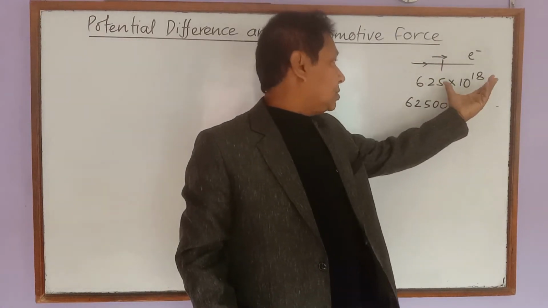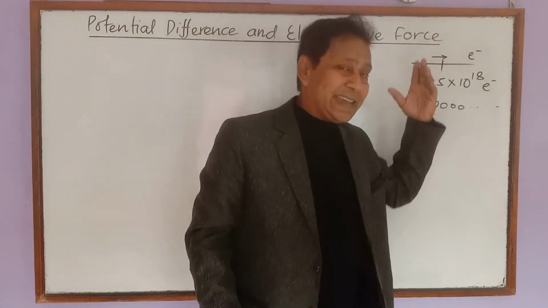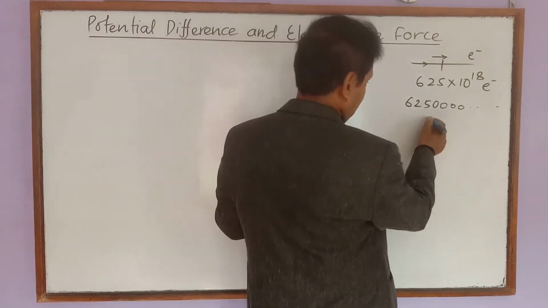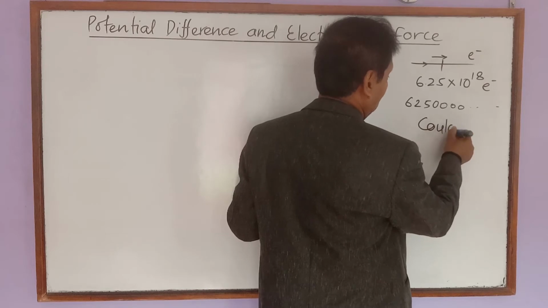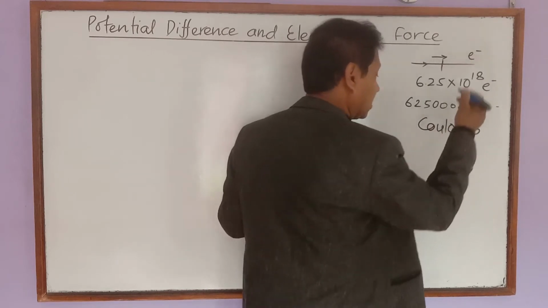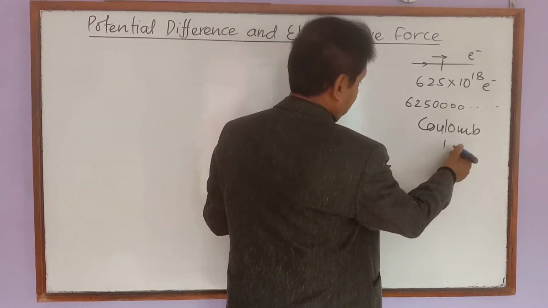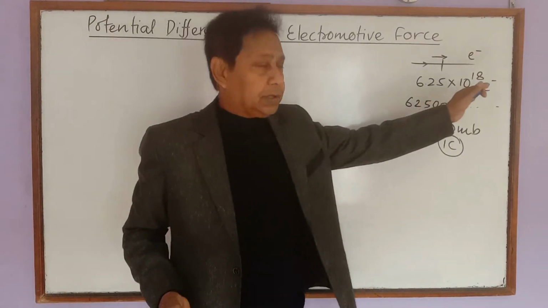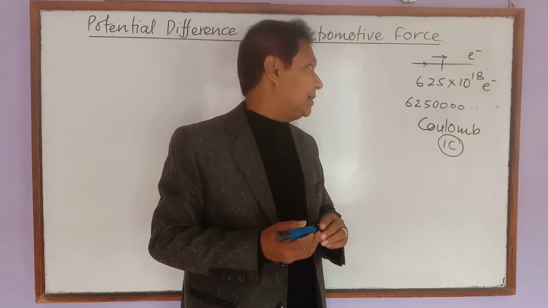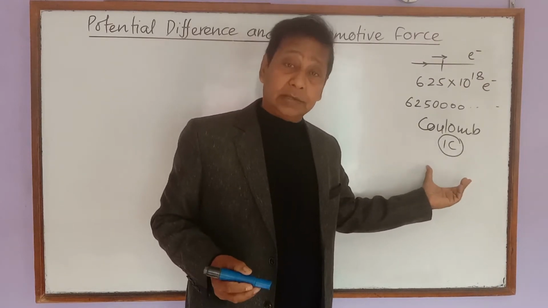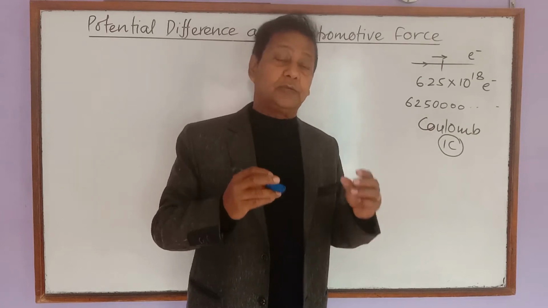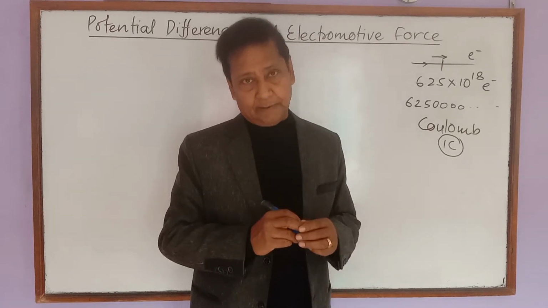6.25 times 10 to the power 18 electrons contain 1 coulomb of charge. C-O-U-L-O-M-B is the unit of charge, and this is the symbol for 1 coulomb. What I mean to say is, 1 coulomb charge means the electric charge contained in 6.25 times 10 to the power 18 electrons.